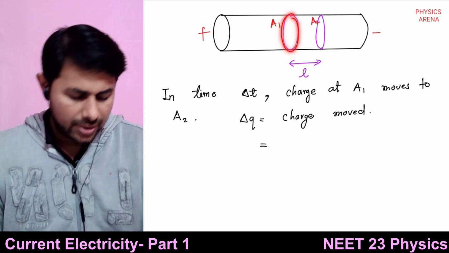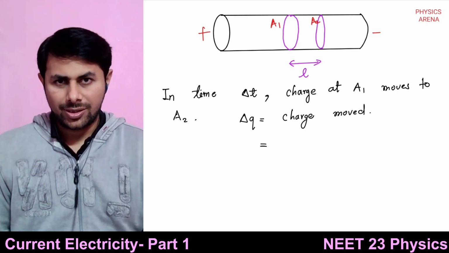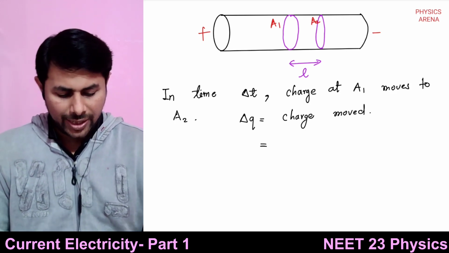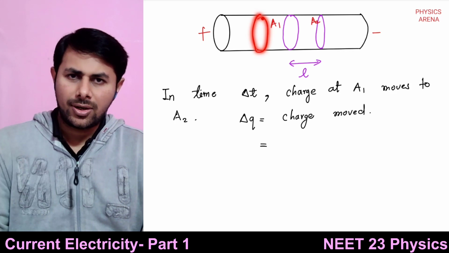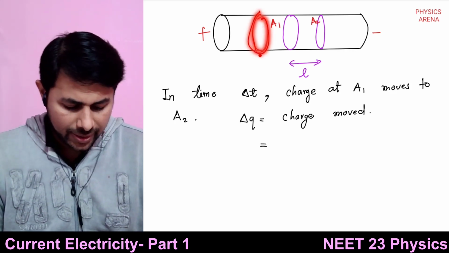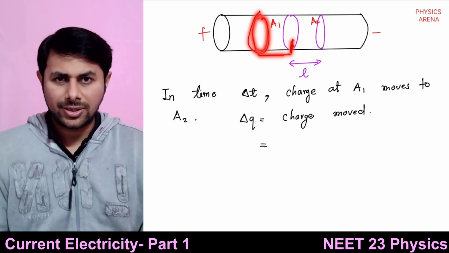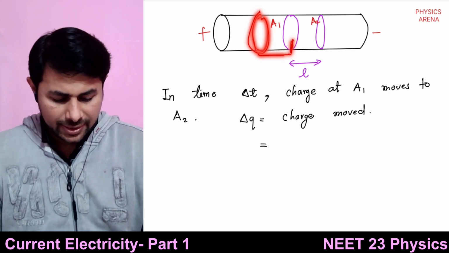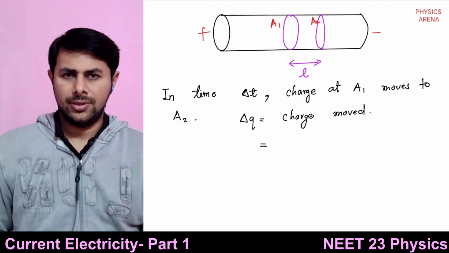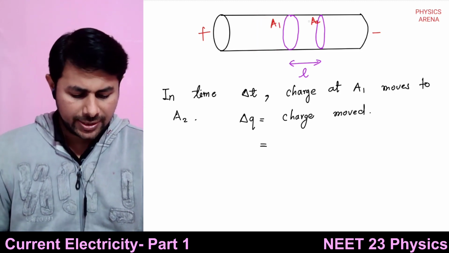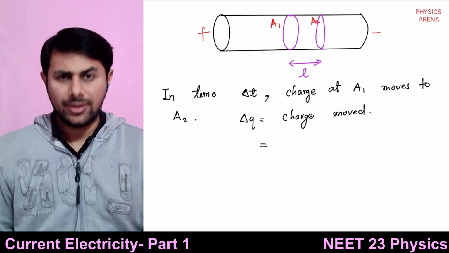Since charges at A1 are moving through this distance, and the average velocity of charges is constant, we can consider an area at the same distance from A1 on the left side. Charges from there will move till A1 in the same time, because average velocity is constant. So we can say charges have moved through the volume between A1 and A2.